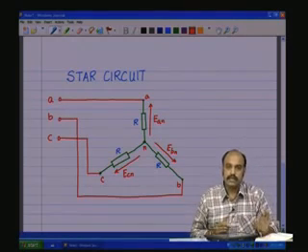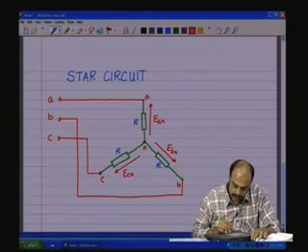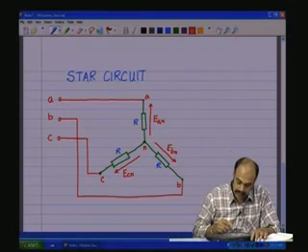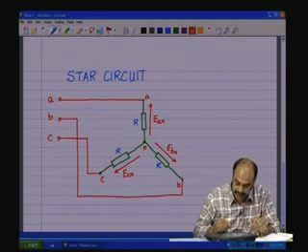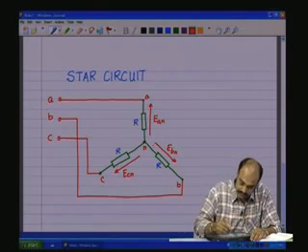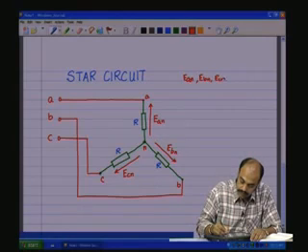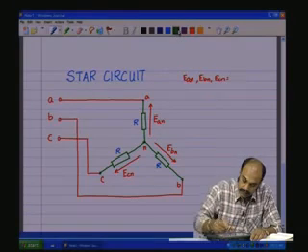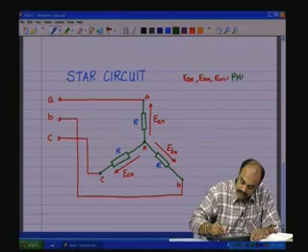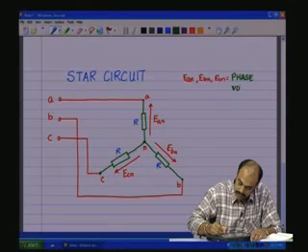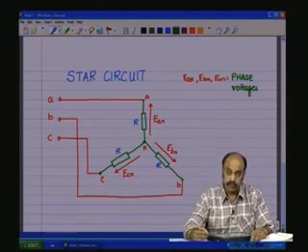So, E A n, E B n, E C n are with respect to the neutral, they are across the loads of every phase, and they are called the phase voltages. Remember that E A n, E B n and E C n are called the phase voltages.